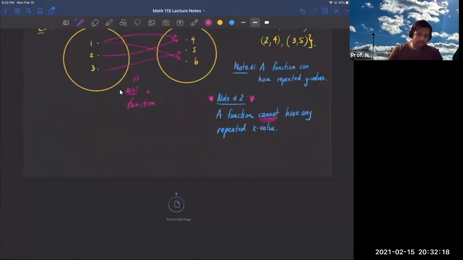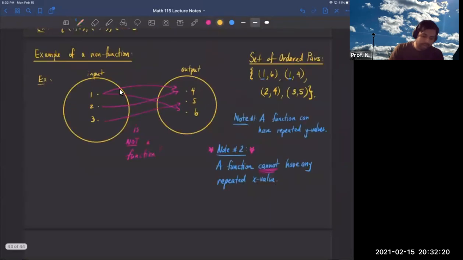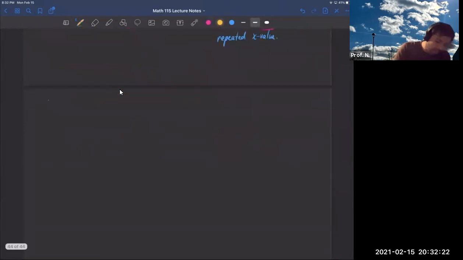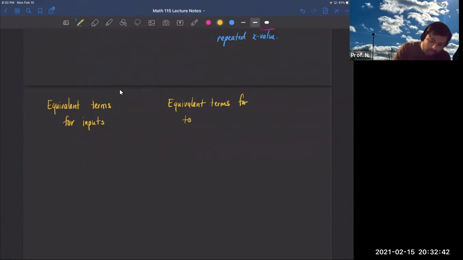So I'm going to introduce a bit more terminology here. Equivalent terms for input and equivalent terms for output.